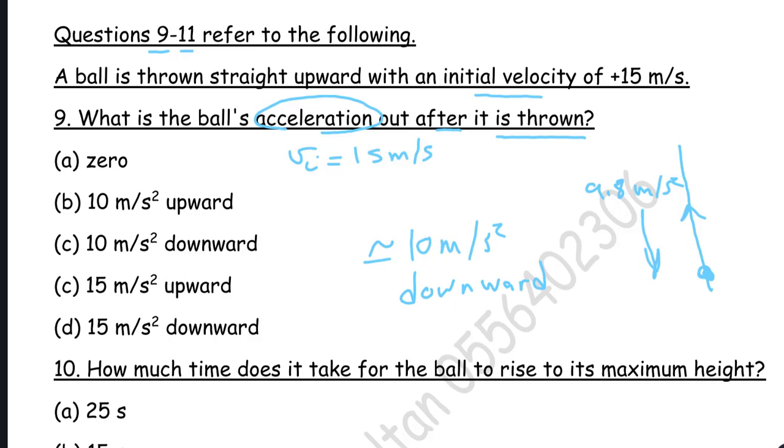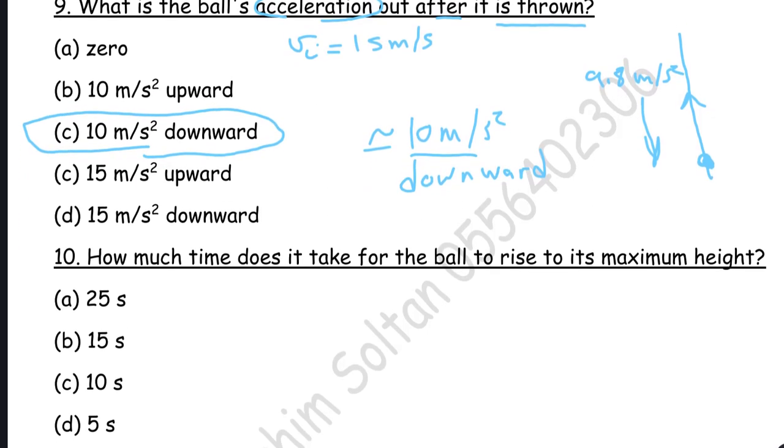The earth pulls objects toward itself, so the acceleration is downward, because when the object is going upward, it decelerates, slows down. Its speed decreases uniformly by 10 meters per second each second. So the right answer here is letter C.